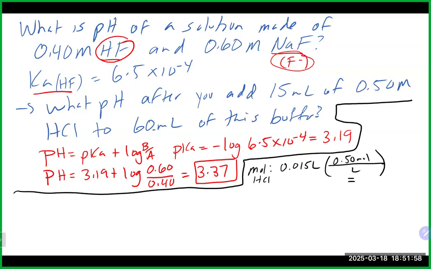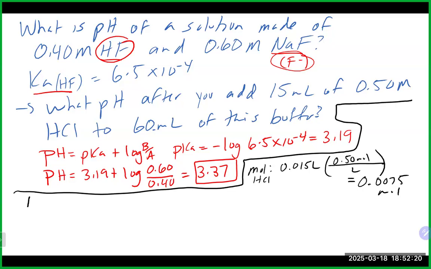That's 0.015 times 0.5, which gives 0.0075 moles of HCl.